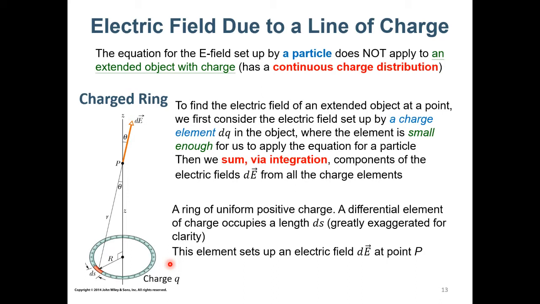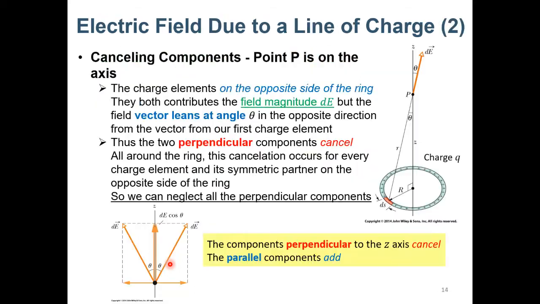Yeah, so the point here is that you can imagine you have ds here, so that it will generate the dE corresponding to this ds, which will have an angle theta with the z-axis. So now you can imagine we have ds, because it is a perfect circle.